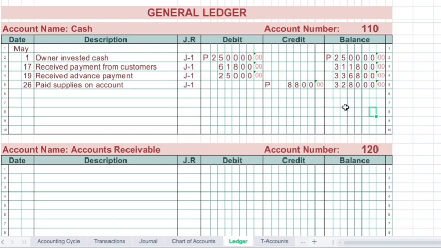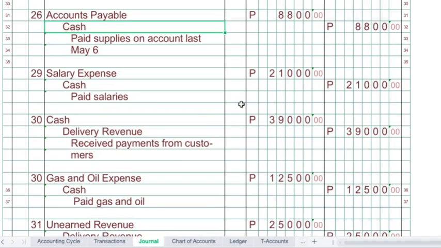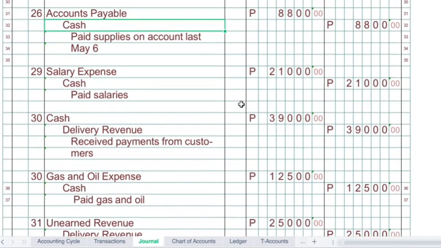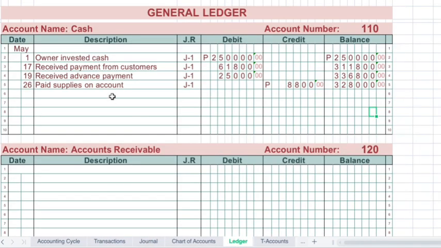Okay. So, as of May 26, ang balance ng cash natin is 328,000. Okay. So, we also have another here on May 29. So, we paid salaries for 21,000. Credit. So, 29. Paid salaries.